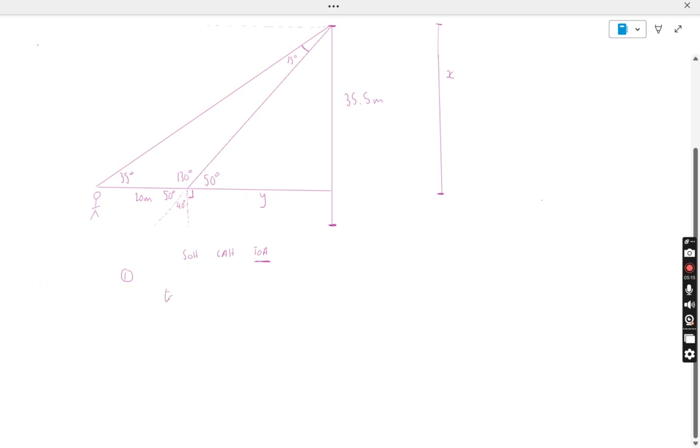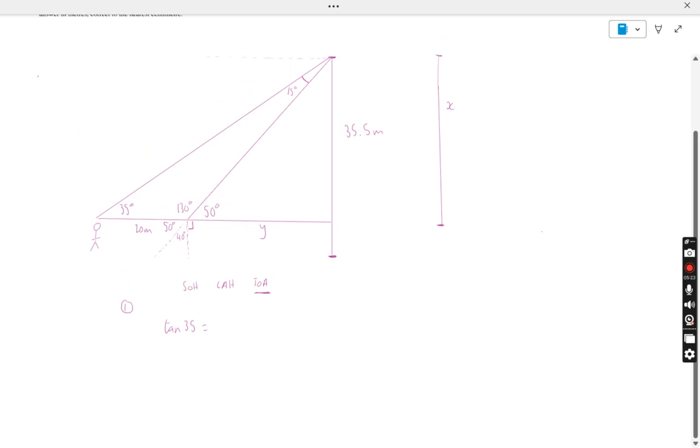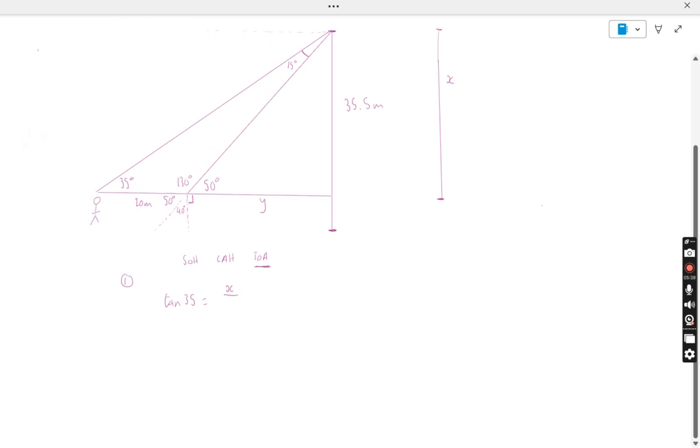So I've got tan of 35 equals the opposite side, which is not actually 35.5 meters, but it is this x over here. Because if we were using the entire length, that doesn't work for the triangle that we're interested in. So we need to use x. So the opposite side is x over the adjacent side is 20 meters, which we will just say is 20 plus y.